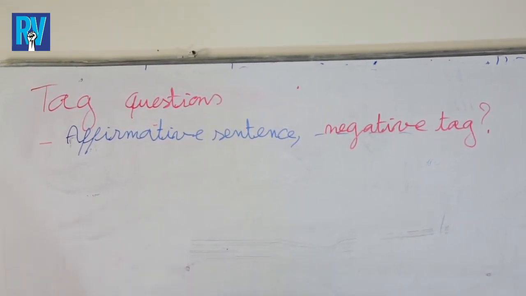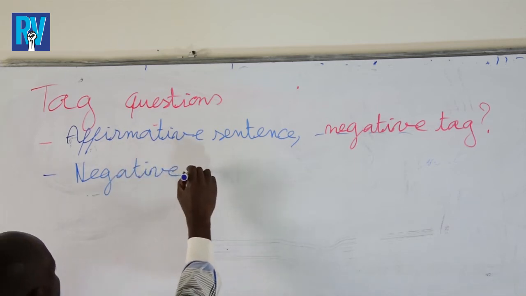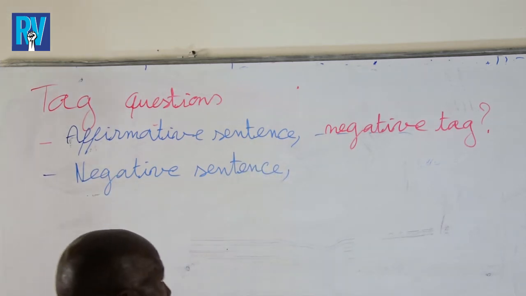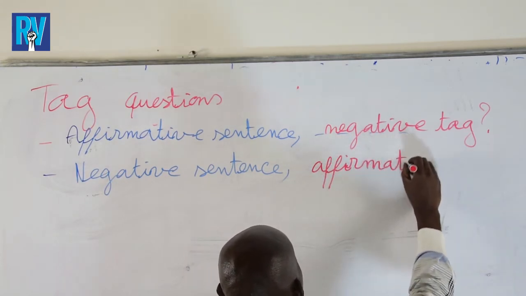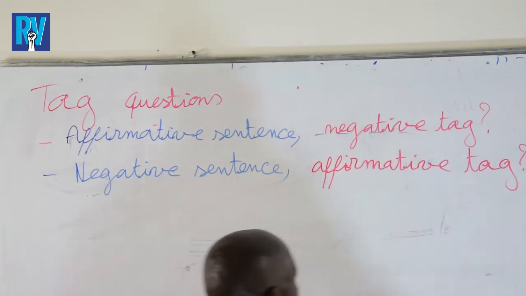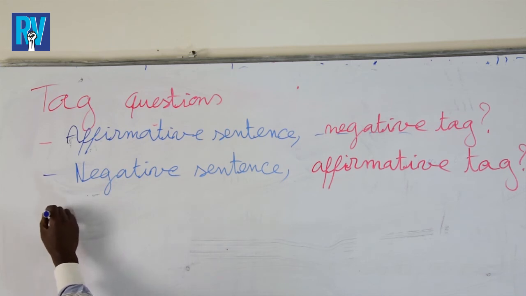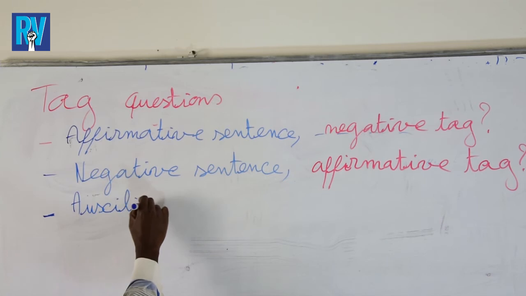Whenever you have a negative sentence, then you have an auxiliary.